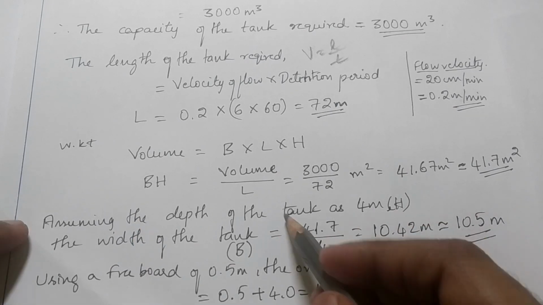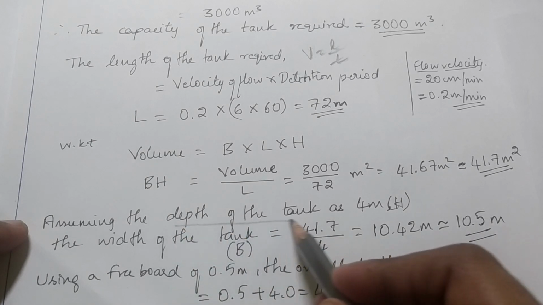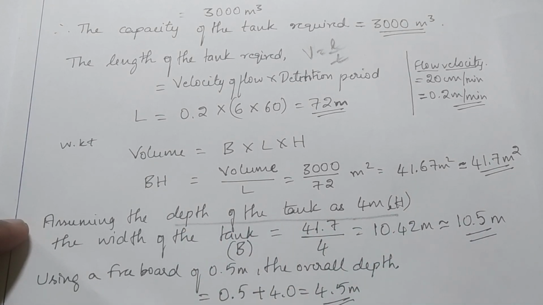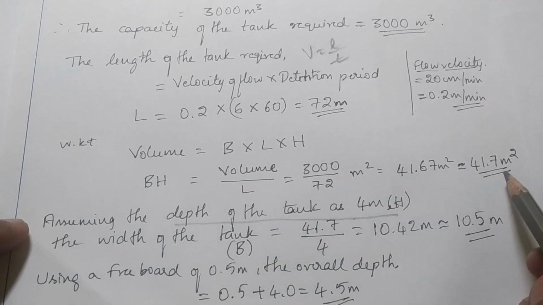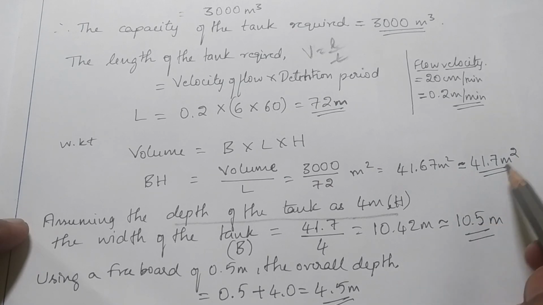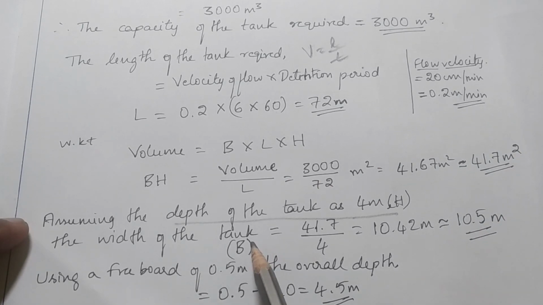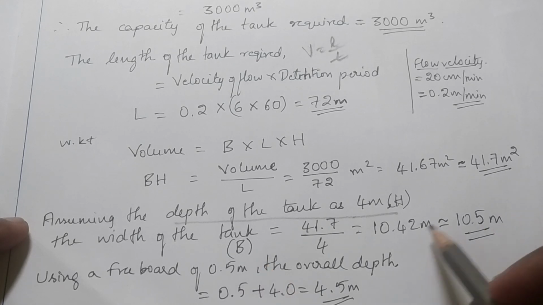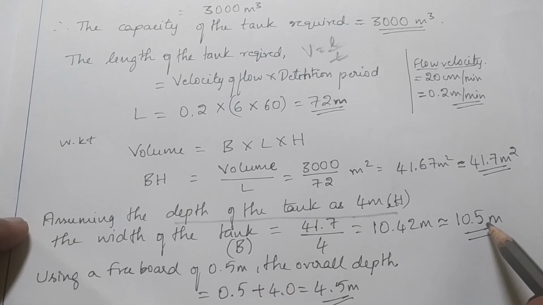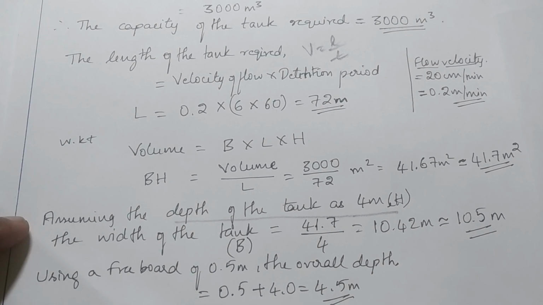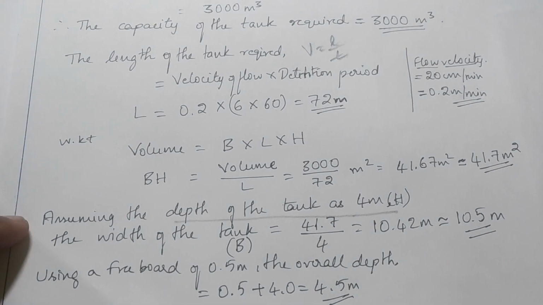Then we know BH is equal to 41.7. Substituting H as 4 meter, I can obtain B as 10.42 or approximately 10.5 meters. Now I have obtained the 3 dimensions of the sedimentation tank.